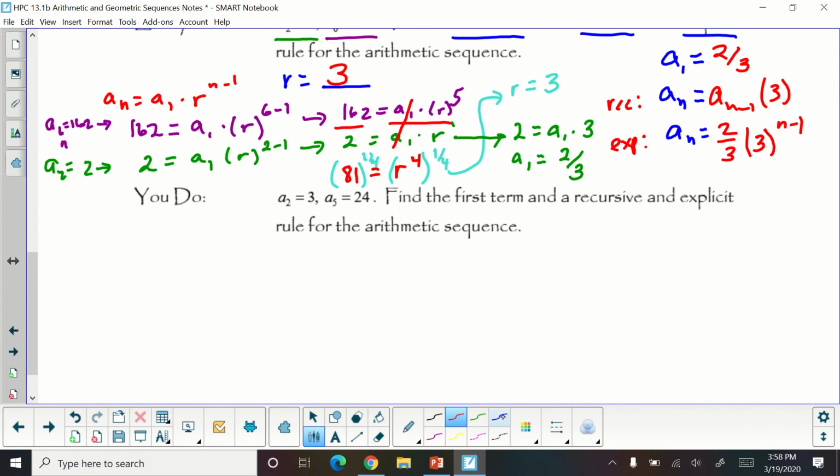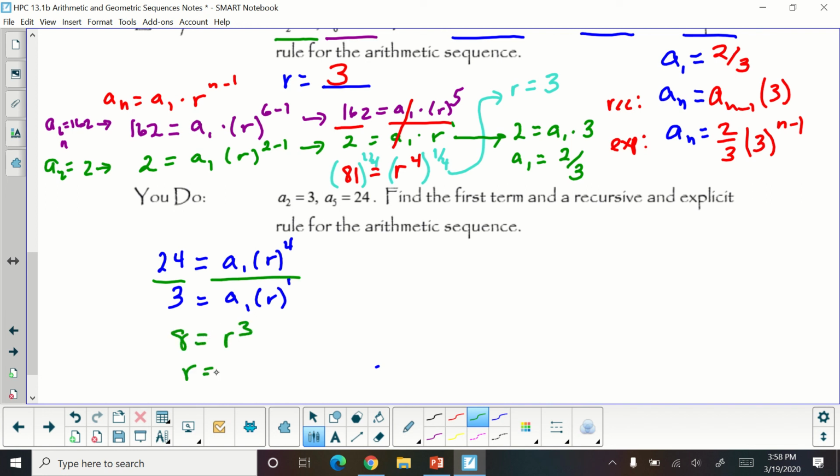Okay, so what you should have had here is that 24 equals a sub 1 times r to the 5 minus 1, so to the 4, and 3 equals a sub 1 times r to the 2 minus 1, r to the 1. If we divide those, you end up with 8 equals r cubed, or r equals 2.